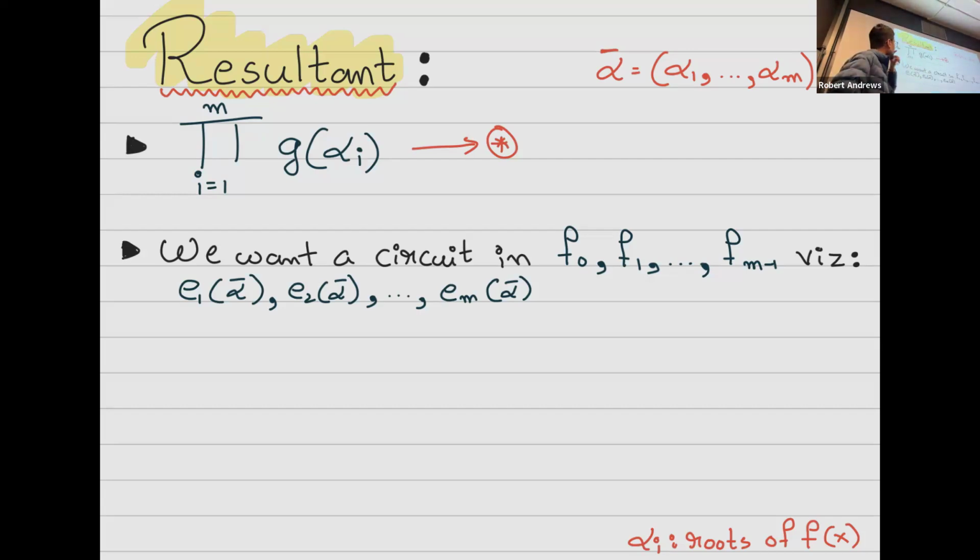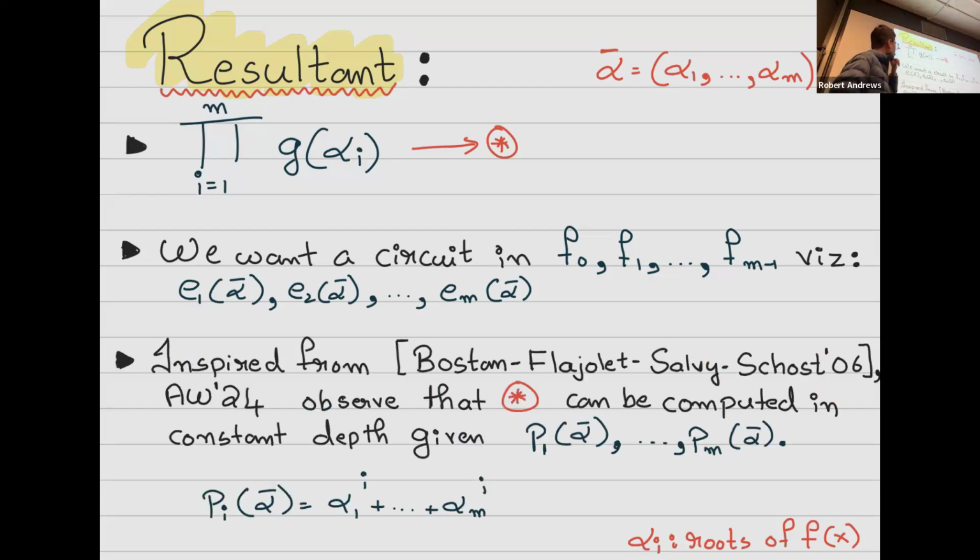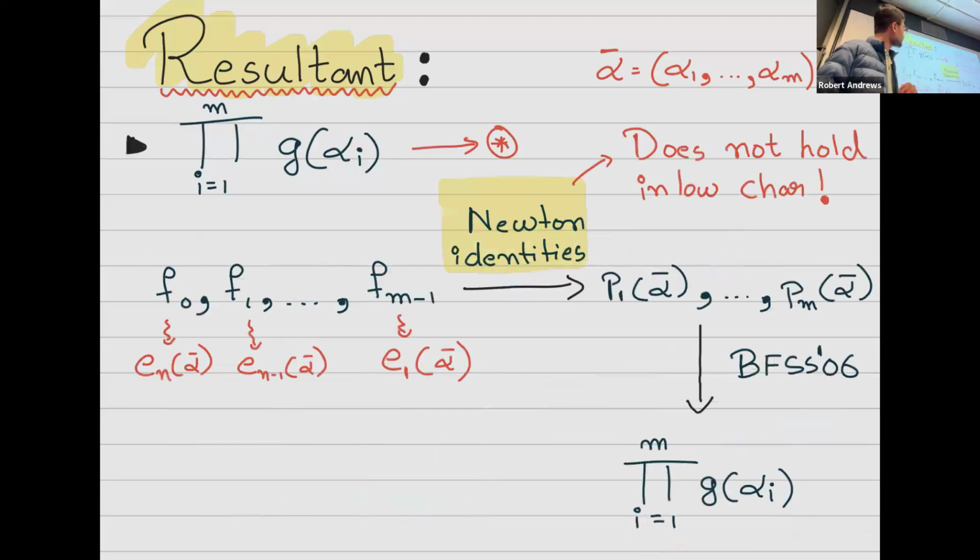And what AW do here, inspired from Eric's work, is they noticed that, suppose we were given the power symmetric polynomials over the alphas, then we can do this. Let me be explicit. This was very fast. So this is what they do.